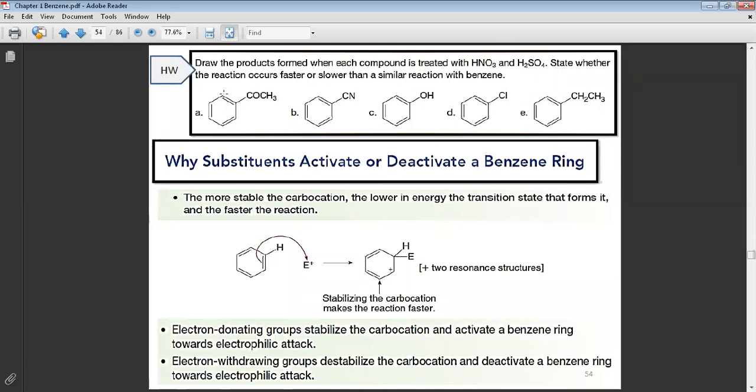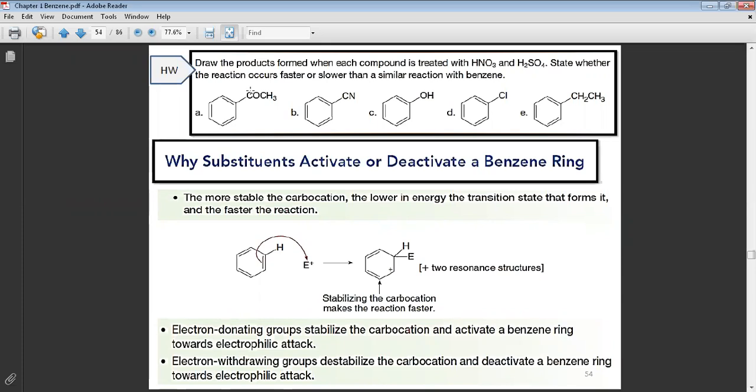This group here, activating or deactivating? Deactivating. That means the reaction will be slower than benzene or faster? Slower. And the orientation? Meta. Good.